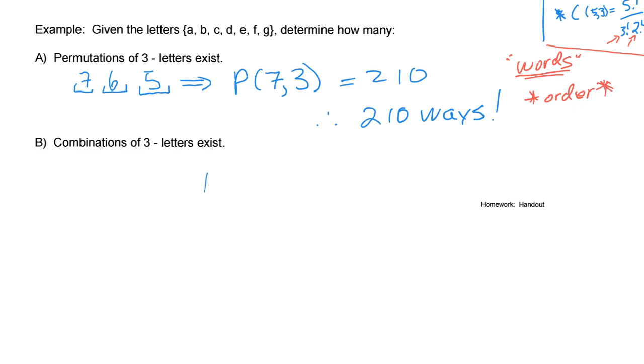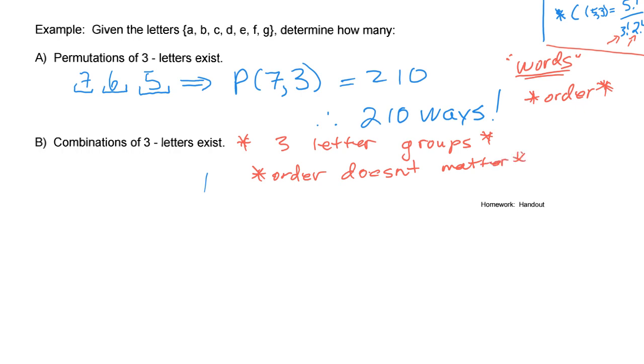Now, when we're looking for combinations of 3 letters, we're asking how many 3-letter groups do we have? That tells us that the order of the list doesn't matter. So basically, we do exactly what we did before.